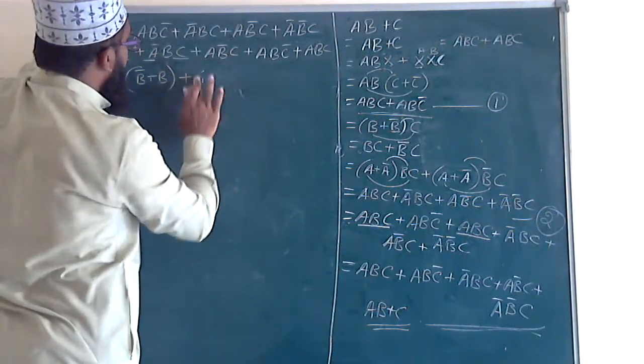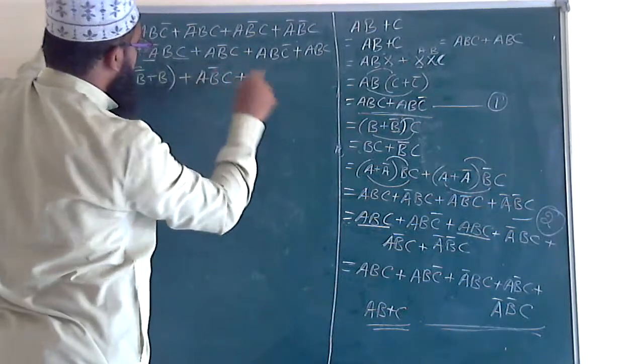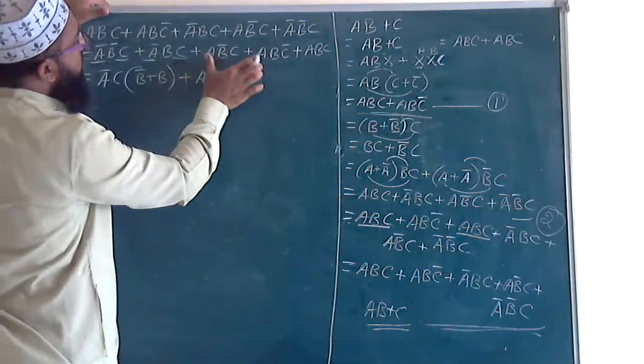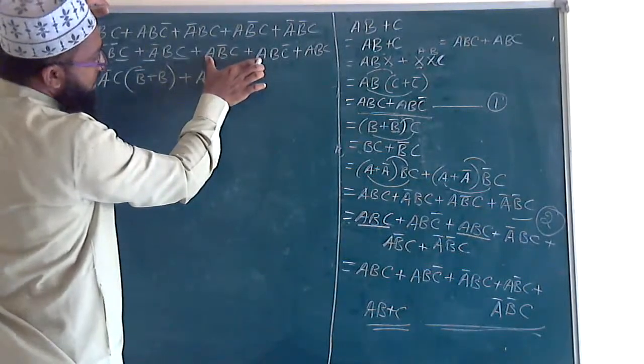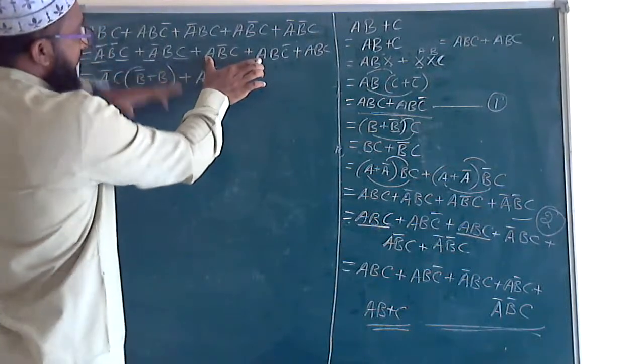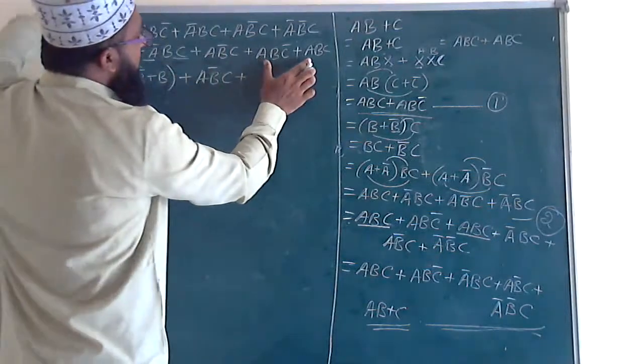So write this term as it is: A, B bar, C plus. Leave this one. Check for the next two things.